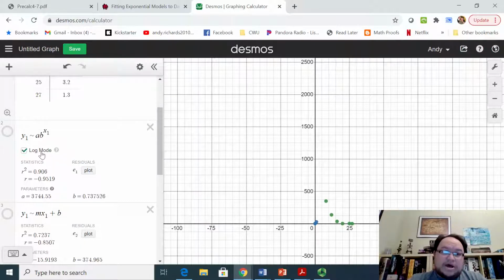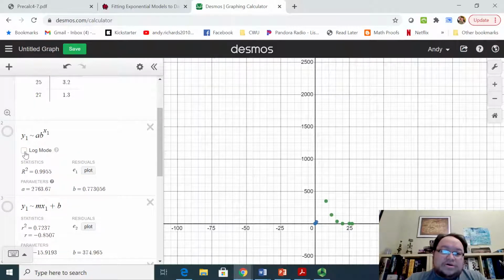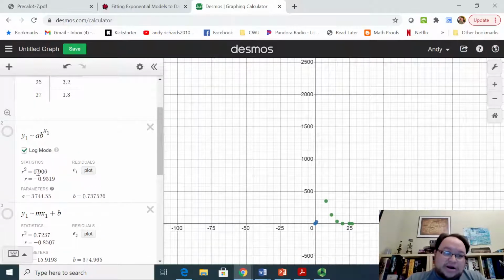Now, the program Desmos is fairly sophisticated, so if you wanted it to manipulate the logarithm in such a way that it was translated, so if you were adding or subtracting values to it, then you could actually get this to do the work for you. In order to do that, you would click this little check mark right here. So notice that these values change, where I have a negative 95% match off of it.